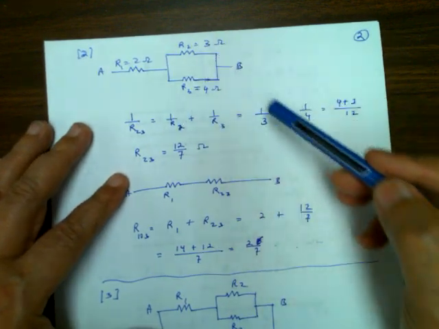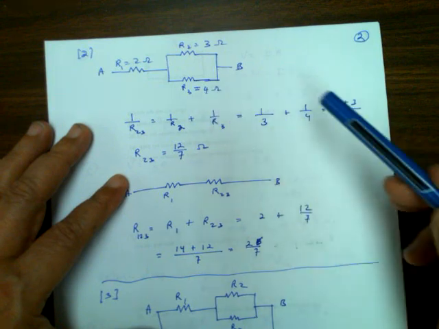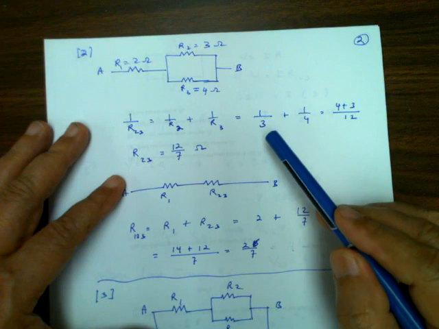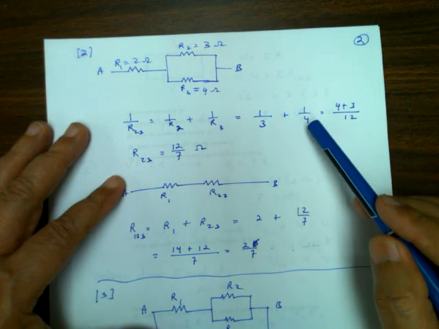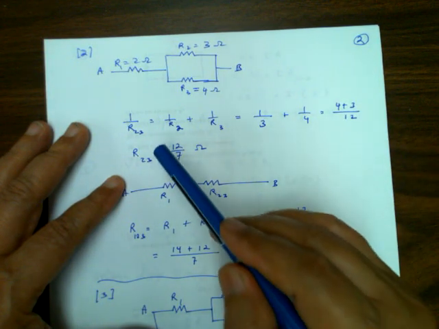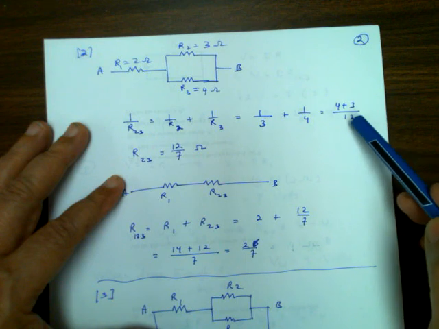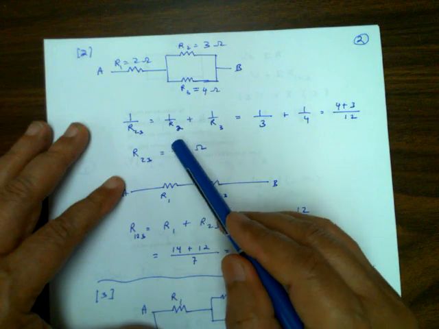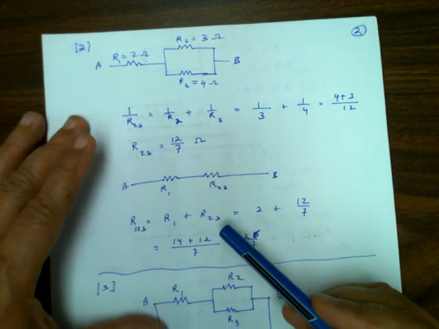R2 is 3 ohms, R3 is 4 ohms. So the common denominator is 12. 3 goes into 12 4 times, 4 goes into 12 3 times. So I get 7 by 12, but to get R23 I have to flip that. I get 12 by 7 ohms.